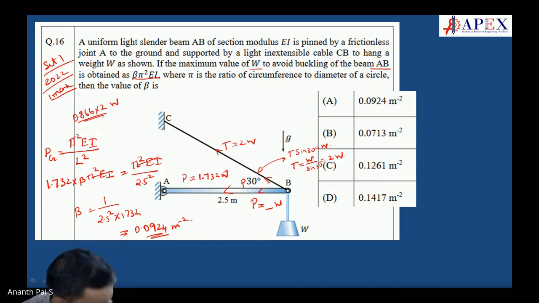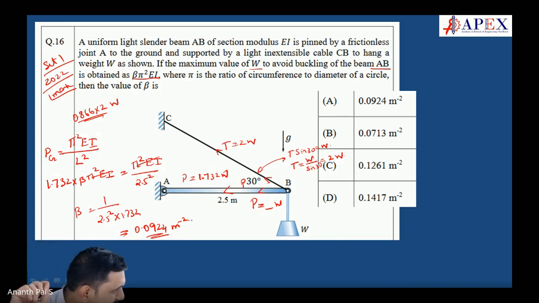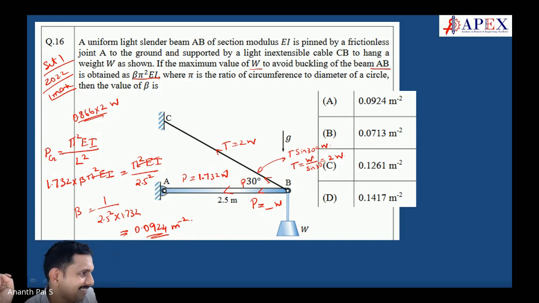Question mark on two people's faces, one on Nihal and one on Agatsa. Correct, no? You're thinking that is a zero force.